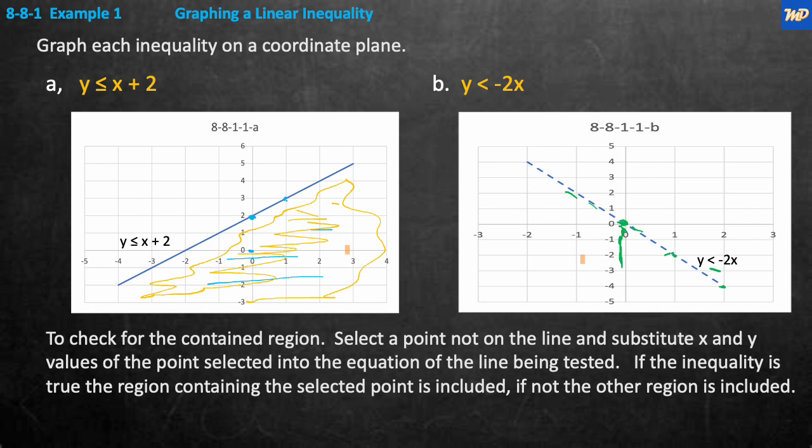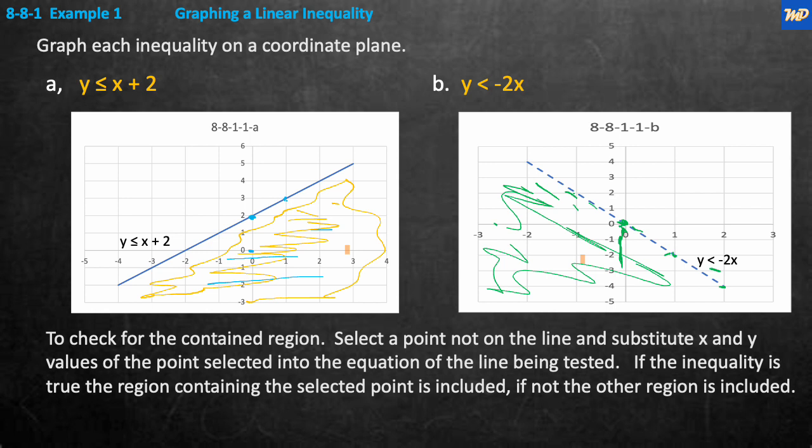So, if we try to show the bounded region, the entire bounded region, it says any y that's less than negative 2 times x is part of this solution. So that means that all of this, anywhere that y is less than that value right there, for example when x is negative 1, y is positive 2, anything below that is the solution.